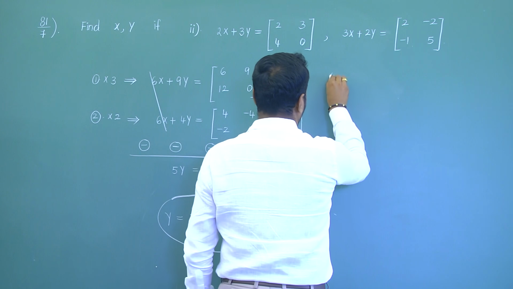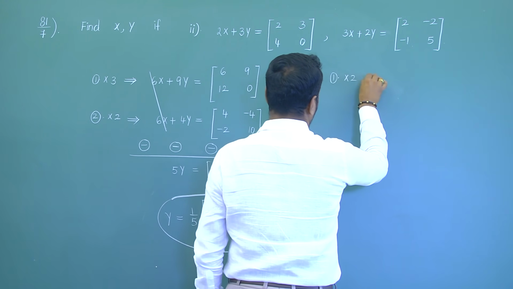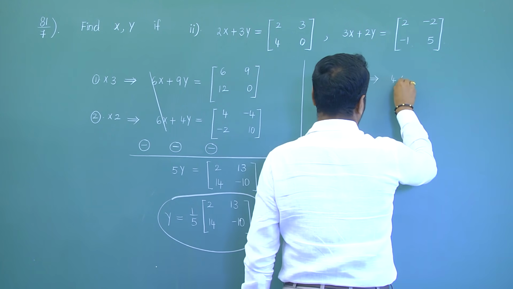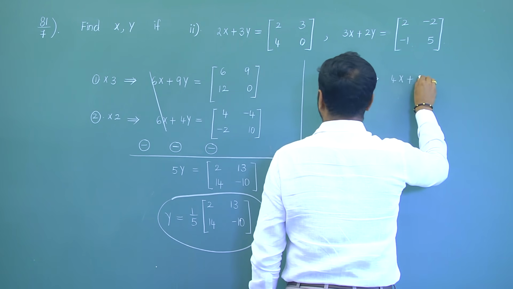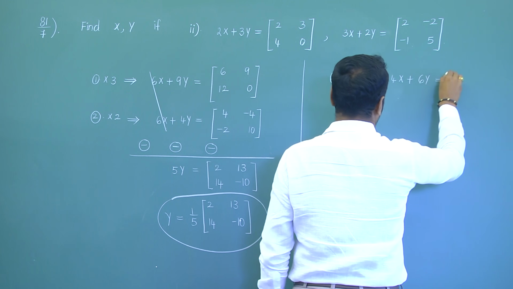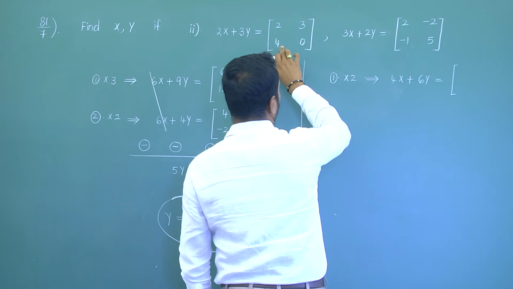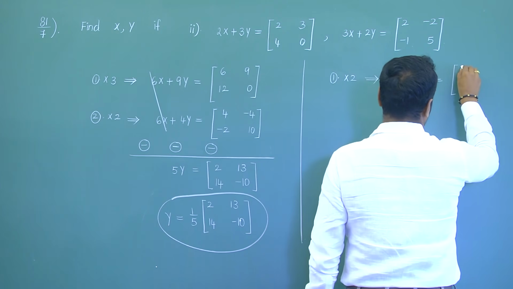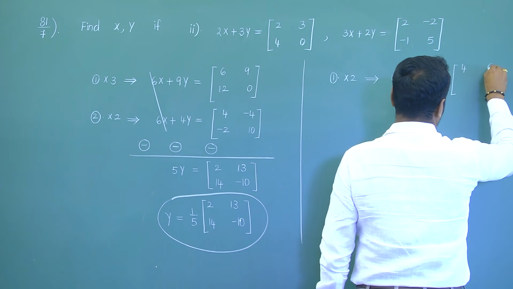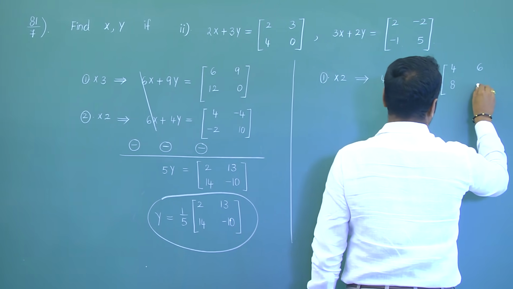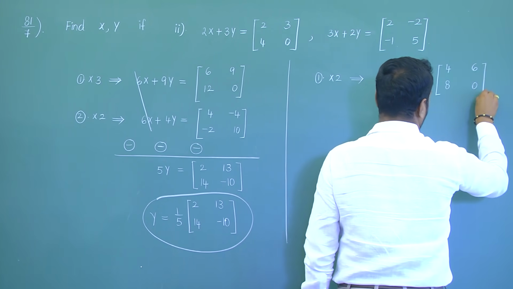So equation 1 into 2 implies 4 capital X plus 6 capital Y equals, I have to multiply each and every element with 2: 2 2s are 4, 2 3s are 6, 2 4s are 8, 2 into 0, 0.